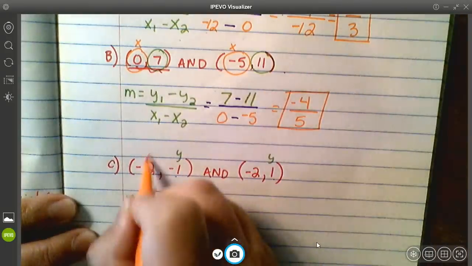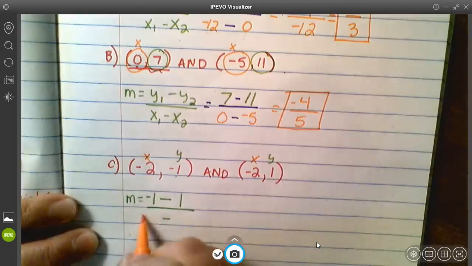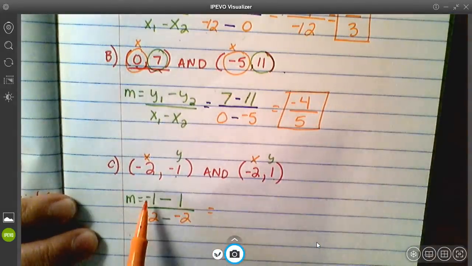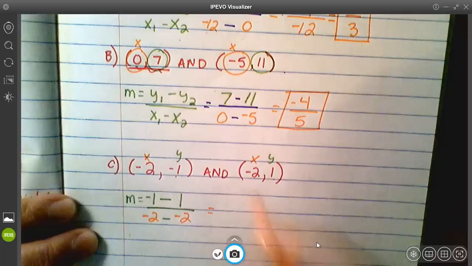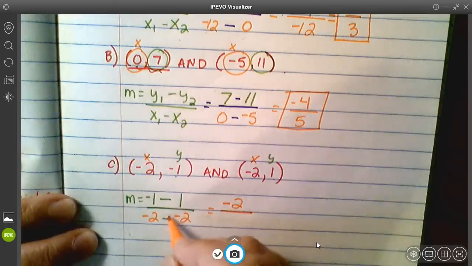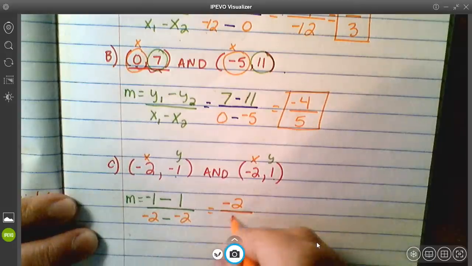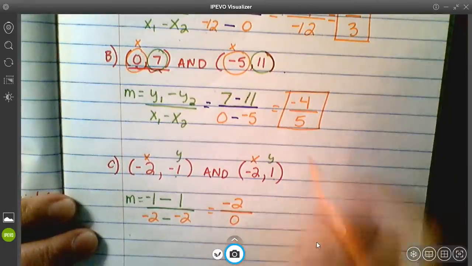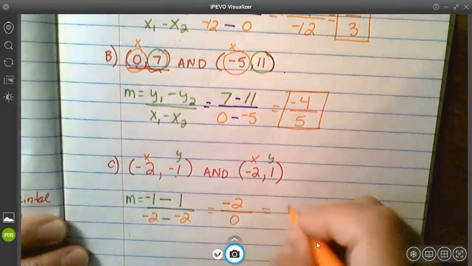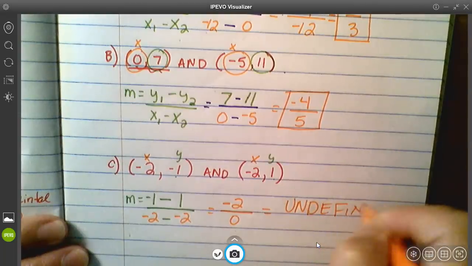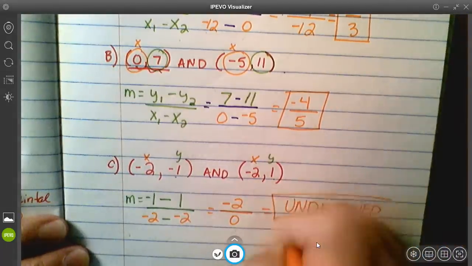And here are my x's, -2 and -2. So what happens here? -1 minus 1 gives me -2. -2 minus a -2, that turns to plus. So that is going to be 0. And again, I cannot divide by 0. That gives me an undefined slope.